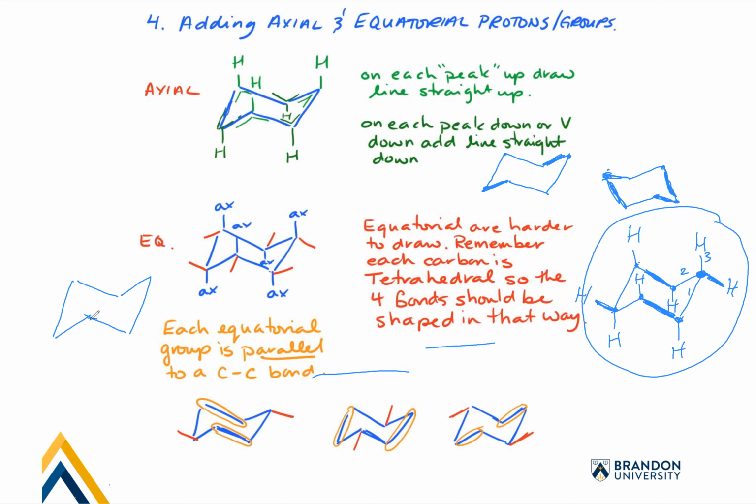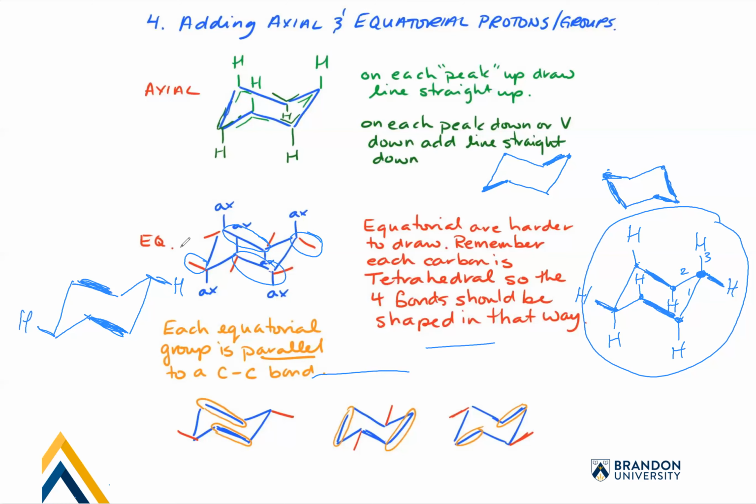So the body of your tetrahedron, which I'm going to bold out over here, the 2 protons which should be parallel to that are the ones on the end. So this red line here will be parallel to the ones in the middle. So those 2 are the easiest equatorial protons to draw.